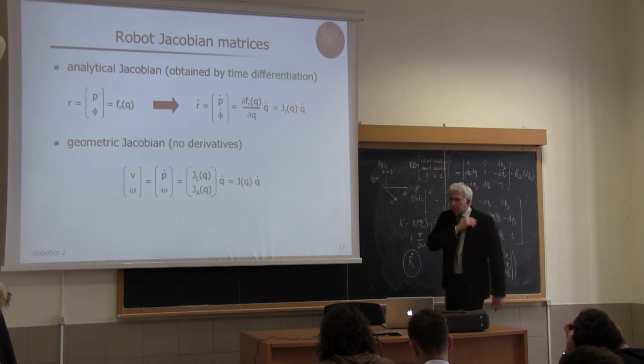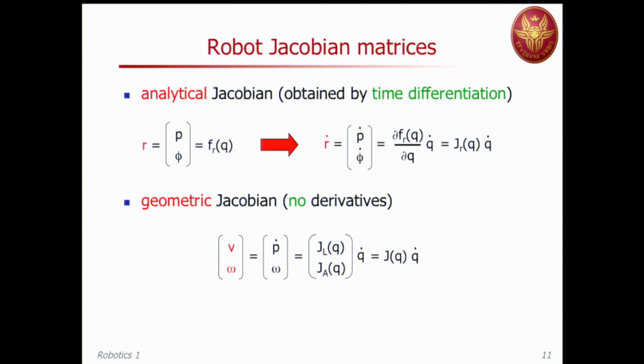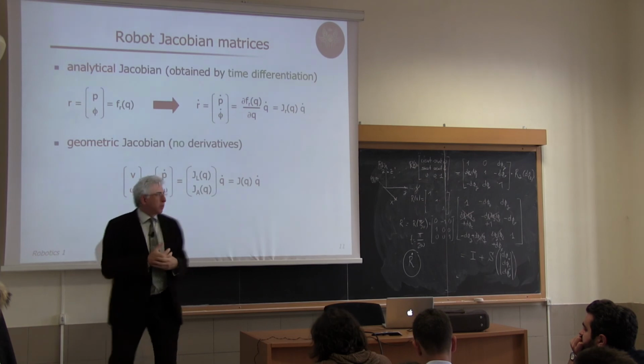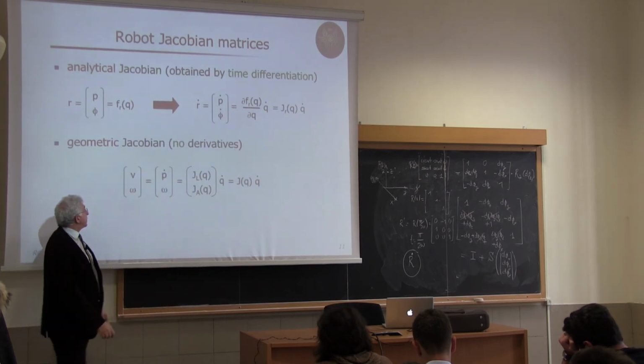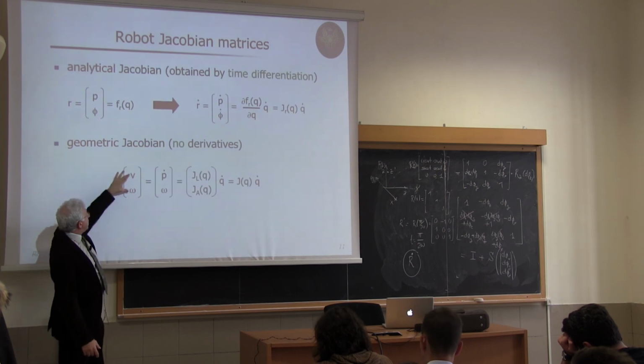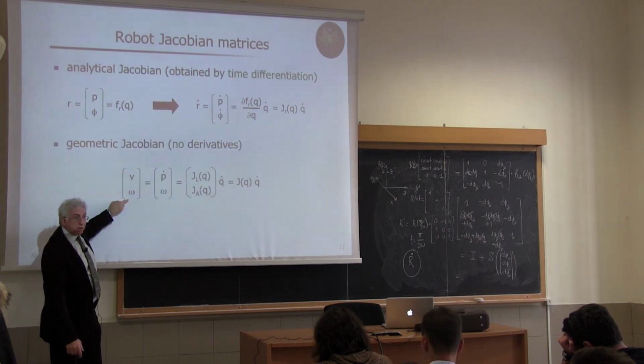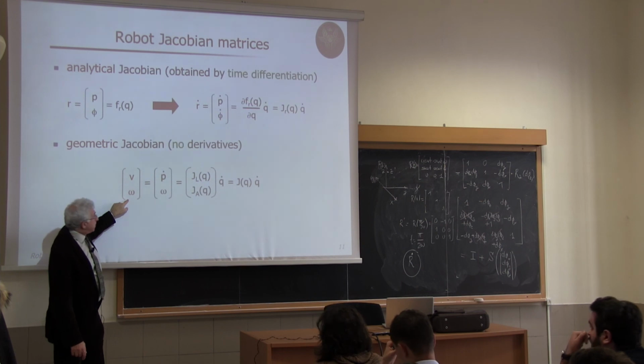Well, what is instead the other Jacobian that we will consider, the one that does not involve any derivative? This is called the geometric Jacobian, so a geometric approach, without doing partial derivatives of anything. It's just said, okay, I want to have linear and angular velocity of the end effector.